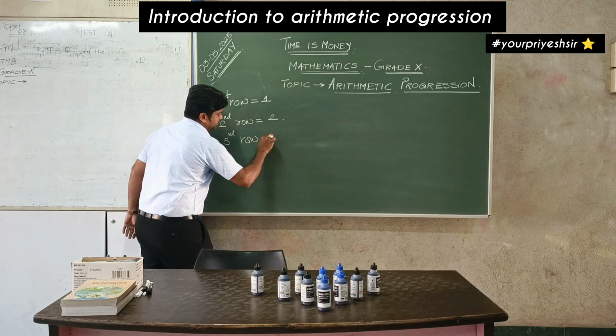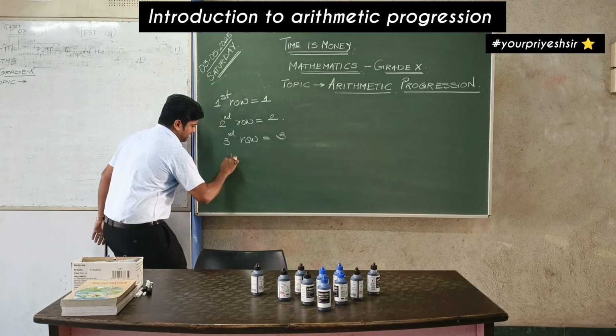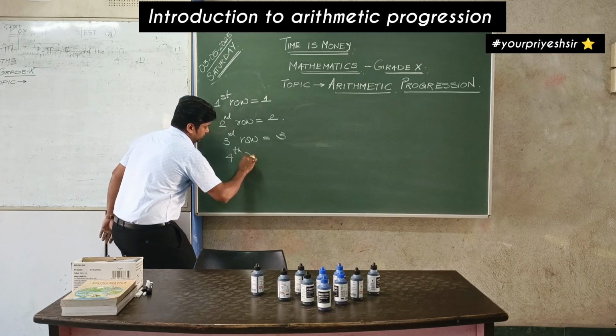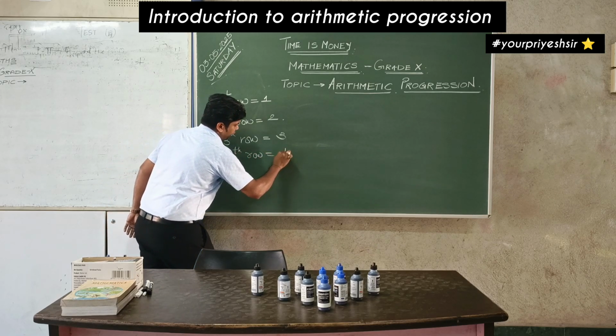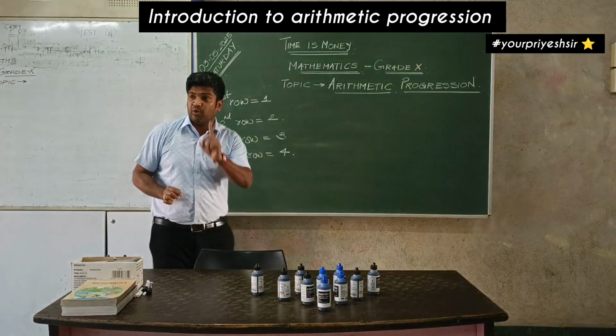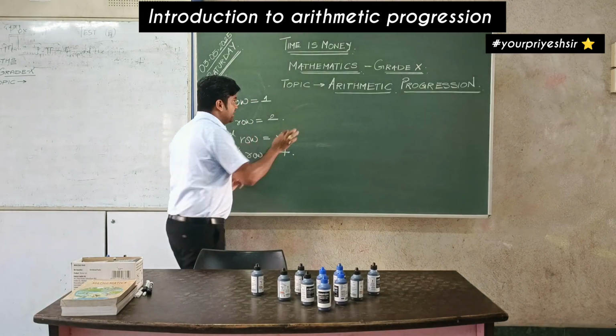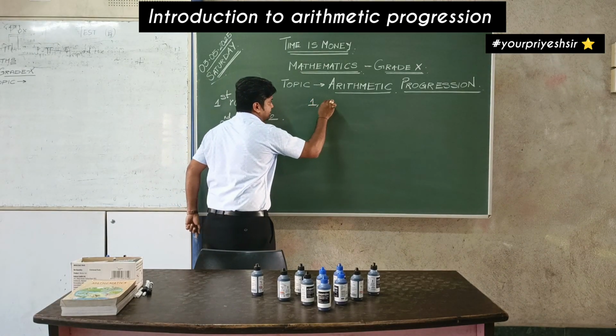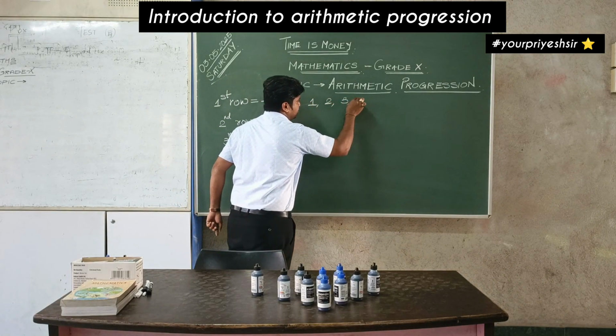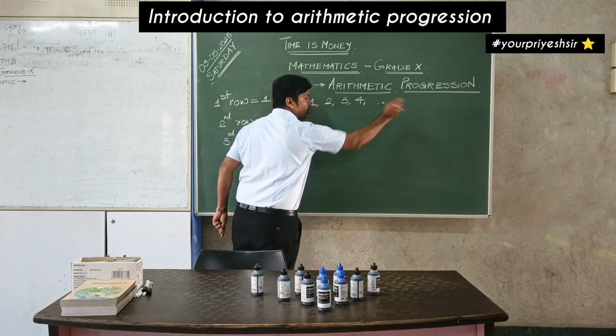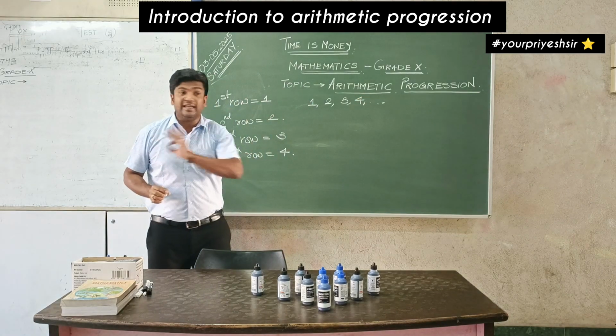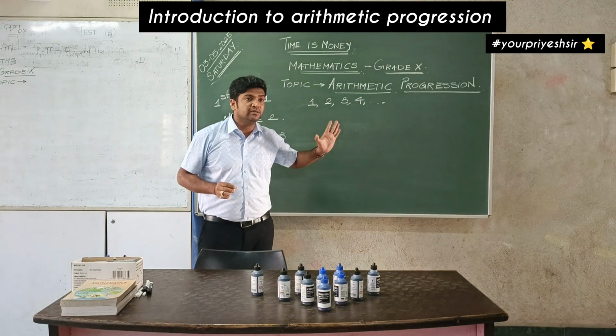Third row, how many bottles? 3. And the fourth row, how many bottles? 4. Just one request, children, please understand. So if I arrange this in an order, so 1, 2, 3 and 4 and then so on. Quickly tell me one thing, is this an AP? Yes.